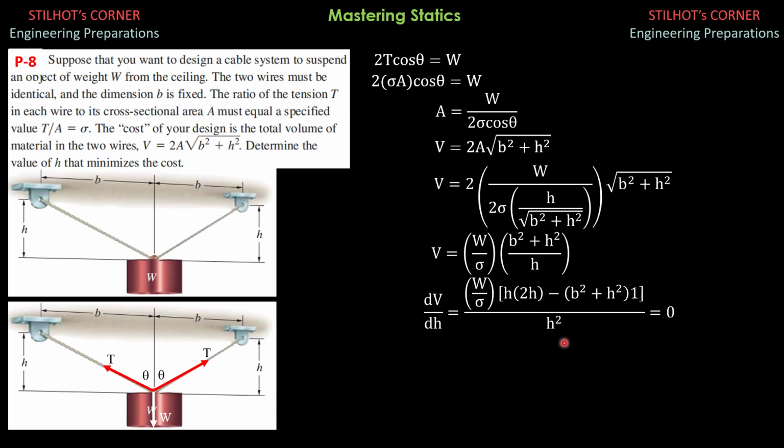So 0 times H squared is 0, times sigma is 0, divided by W is 0. So we equate the quantities inside the brackets to 0. So 2H squared minus B squared minus H squared equals 0. That means H squared minus B squared equals 0. So H squared equals B squared. Extract the square root, so H equals B. So that's it for this problem.